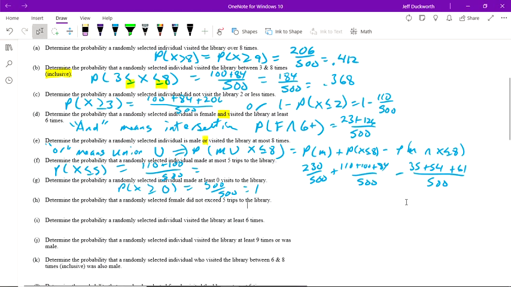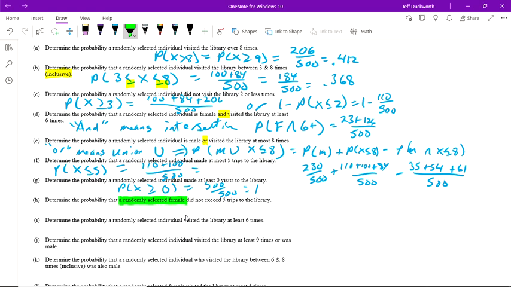H, and I'll scroll back up to the chart as needed. Look for the probability a randomly selected female did not exceed 5 trips. So did not exceed means less than or equal to. Right? But I want you to note this. A randomly selected female. This means we're ignoring all of the males.